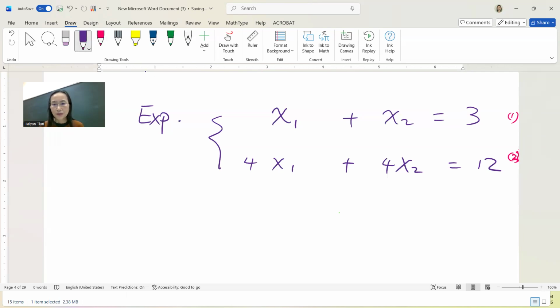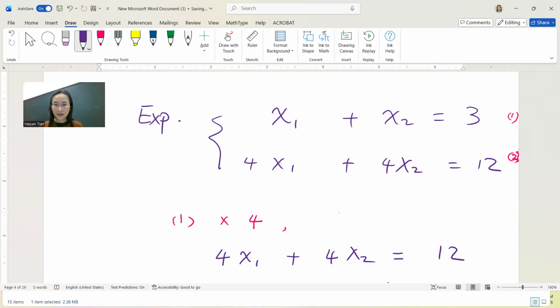See the first equation, if you multiply the first equation by 4, that means each term of the first equation times 4. What do I get? The first equation becomes 4x1, 4x2, 4 times 3 will be 12. So it becomes the second equation.